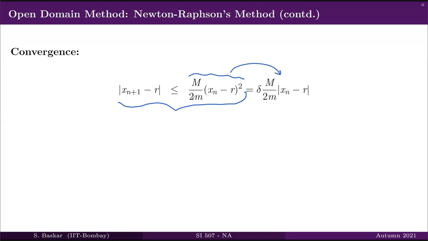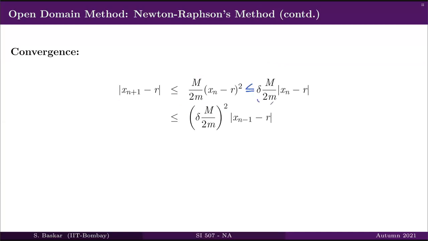What I'm doing is just keeping m by 2m into one term, that is mod xn minus r, as it is, and in the other term mod xn minus r, I'm just using the fact that xn belongs to the delta neighborhood. Therefore, I'm just replacing it by delta, and thereby I will have, sorry, there is a less than or equal to sign here. In fact, it is strictly less than.